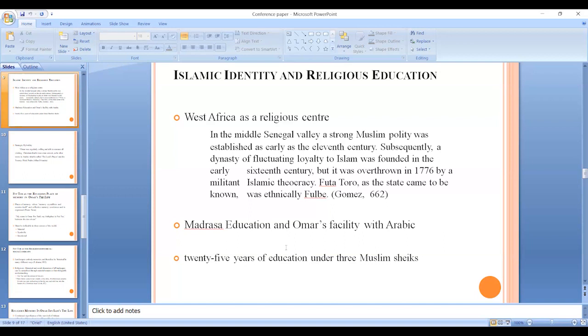And it is these religious and cultural experiences that he employed and tried to combat and resist the slavery and the forced colonization that he happened to experience during his lifetime.